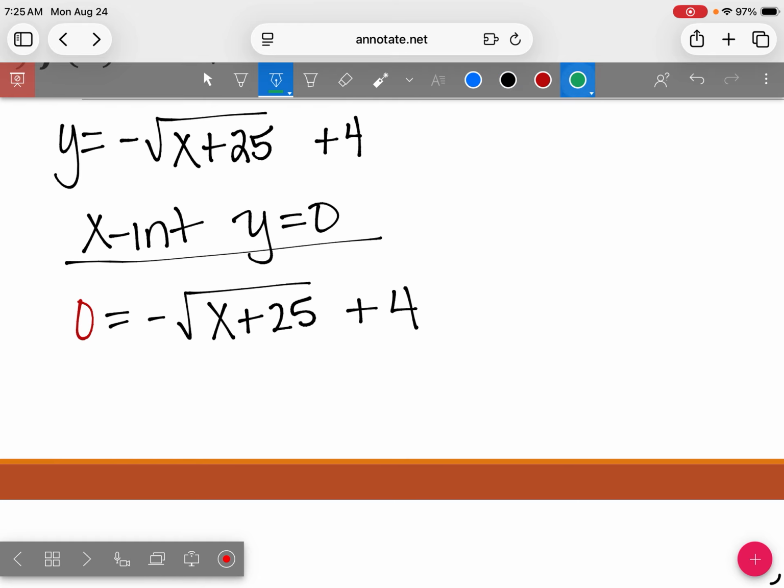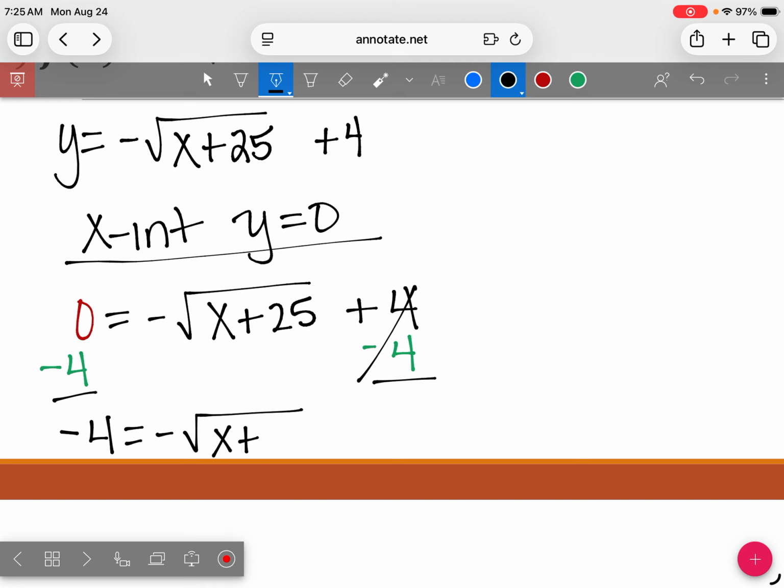I'm going to start by subtracting 4 from both sides. So that would be negative 4 equals negative square root of x plus 25.